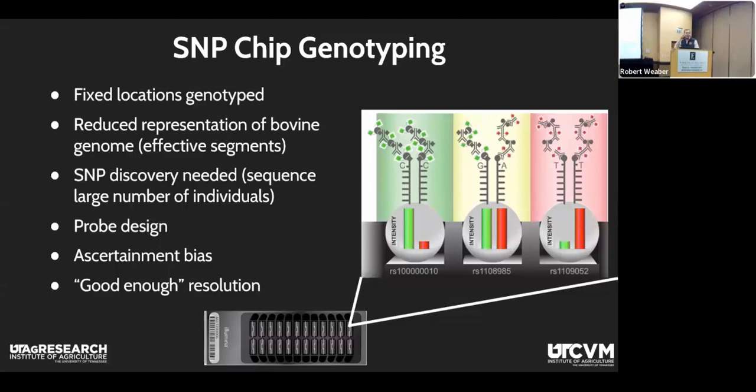There's going to be a level of bias on the variants that get put on a chip due to the discovery population that we have to use to discover those variants. And the crux of how SNP chip genotyping has been implemented is that it's enough resolution for us to do genomic prediction.